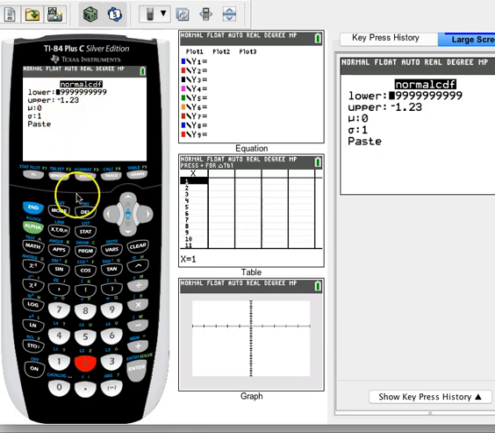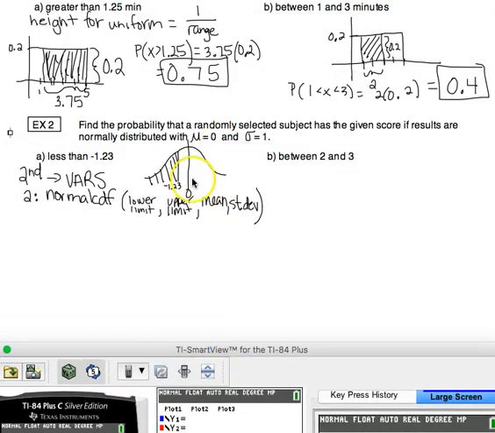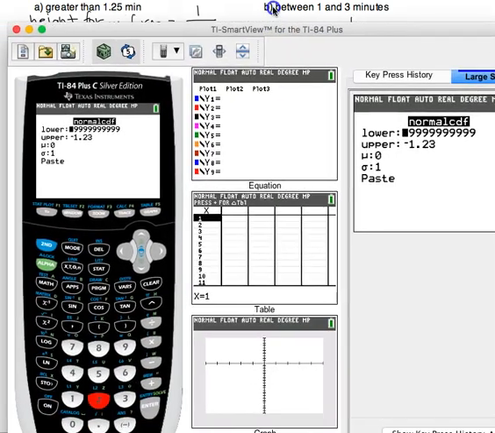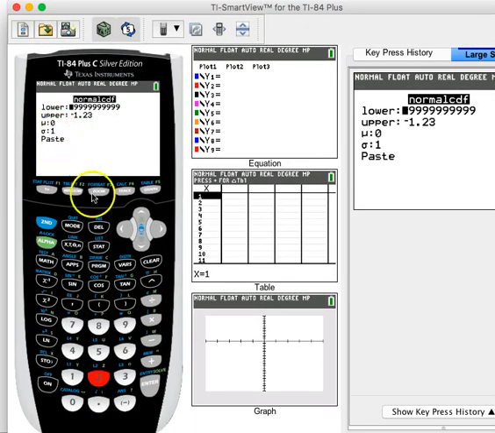So I just enter negative. Make sure you use the negative key, not subtraction, or you'll get an error. But press negative and then just put bunches of 9s because that'll get you close enough to negative infinity for the calculator at least. In this case, our upper limit is negative 1.23 because, again, lower limit is the left side, which is negative infinity, and then upper limit is negative 1.23. The mean is 0 and the standard deviation is 1.